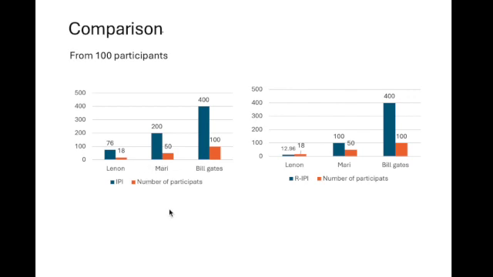Because it was important for us to consider the cases and also the total number of their participants, that's why we normalize it somehow between the minimum and maximum.